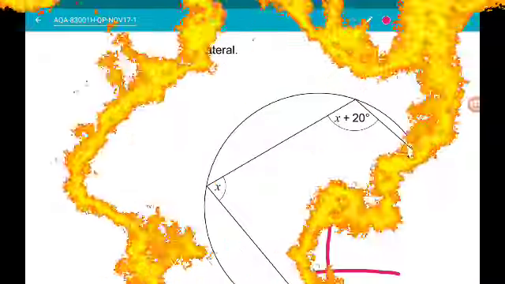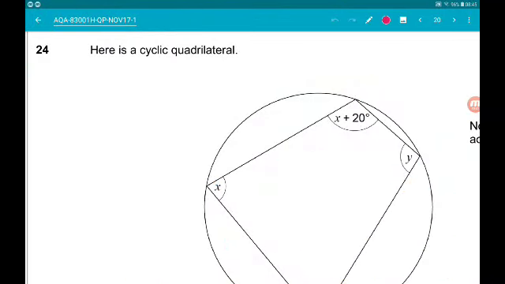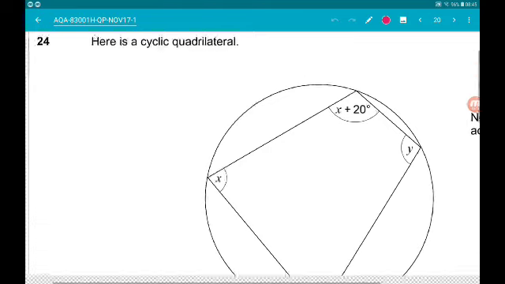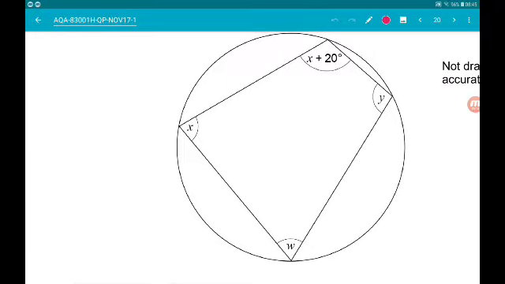Cool. Okay, question 24. We have a cyclic quadrilateral. All that means is a quadrilateral inside of a circle with all 4 corners on the circumference. So we got algebraic angles.